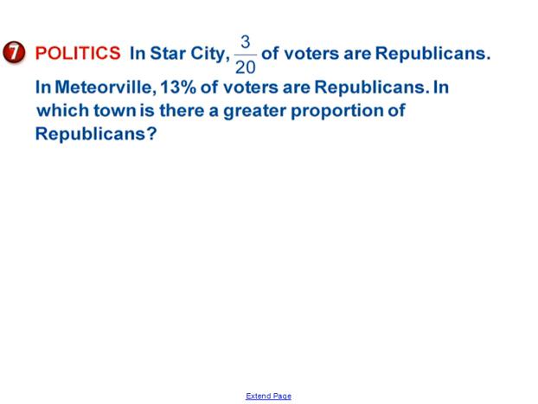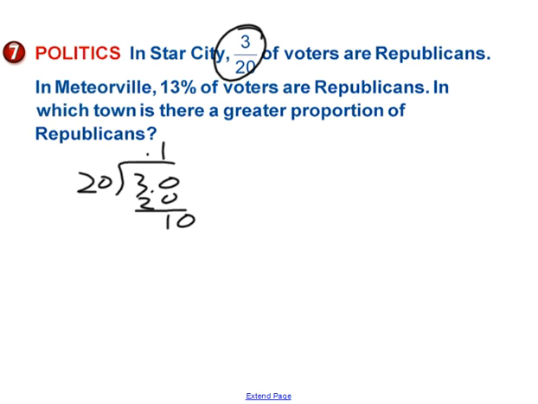In Star City, 3 out of 20 voters are Republicans. In Meteorville, 13% of the voters are Republicans. In which town is a greater proportion of Republicans? I'm going to write this as a decimal. So I'm going to take 20 and divide it into the 3. 20 won't go into 3, but it will go into 30 one time.